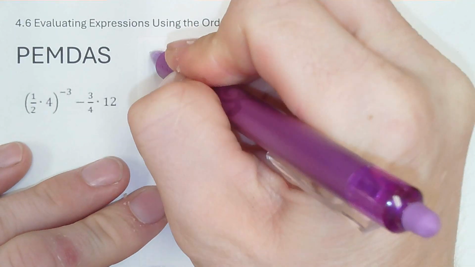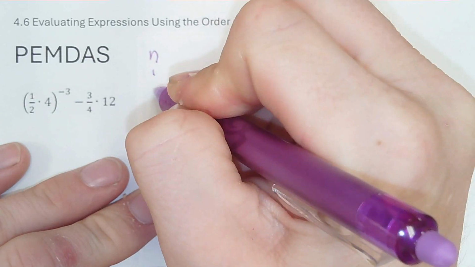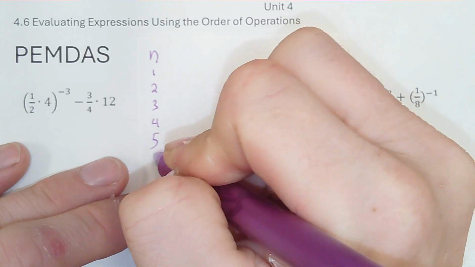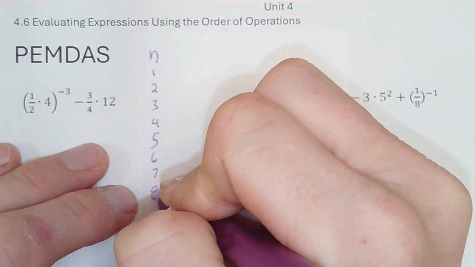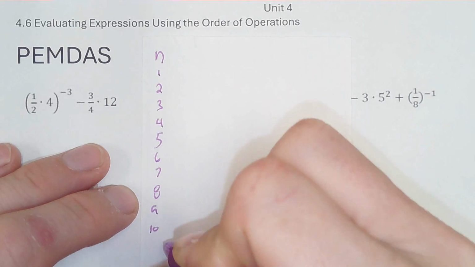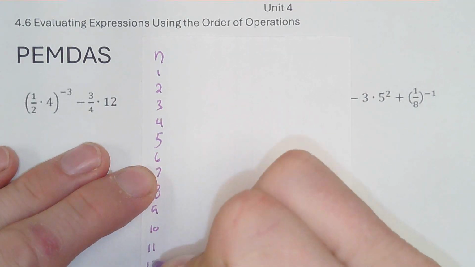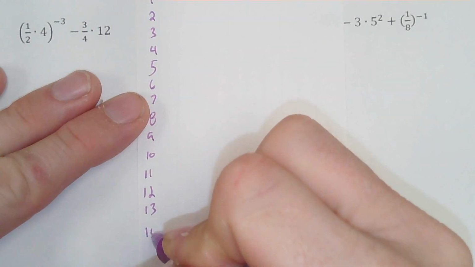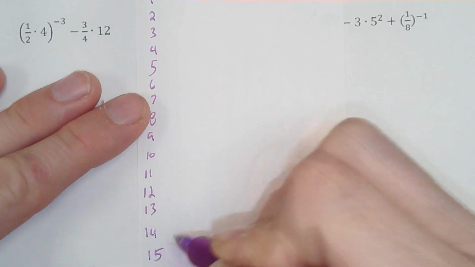So we have n equals 1, 2, 3, 4, 5, 6, 7, 8, 9, 10, 11, 12, 13, and we're adding 14 and 15.